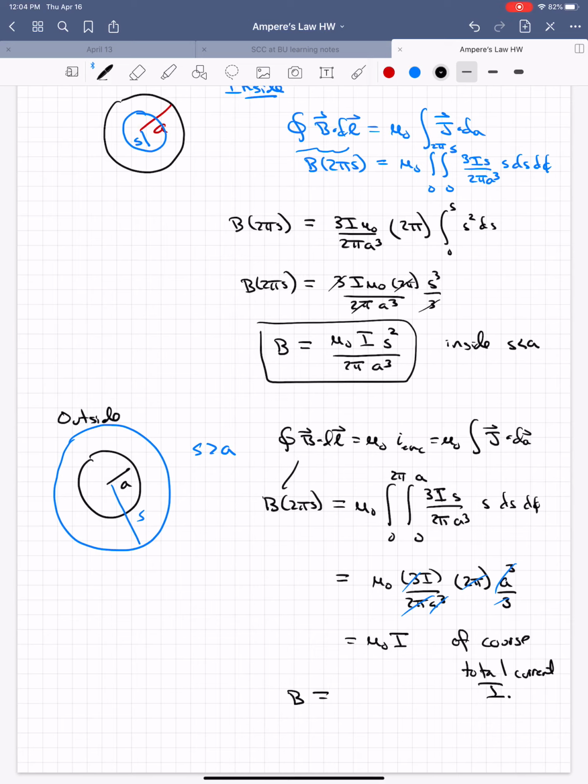And so outside, B is going to be mu naught I over 2 pi s. And so that's going to be my field strength outside the wire. And I see that my formula for s greater than a and my formula for the magnetic field at s less than a are equal at s equals a, which is an important thing. The field's going to be continuous at that distance. So that's problem 14.